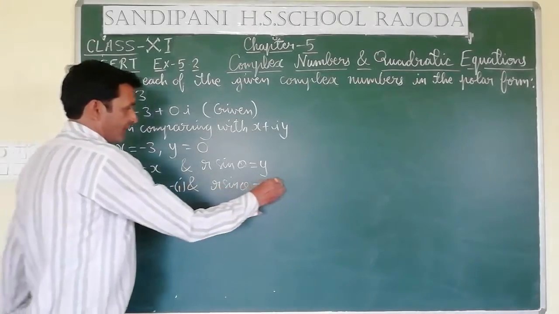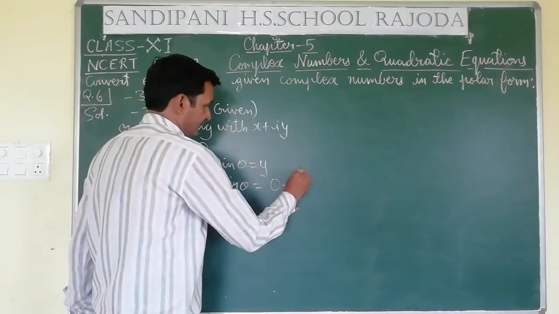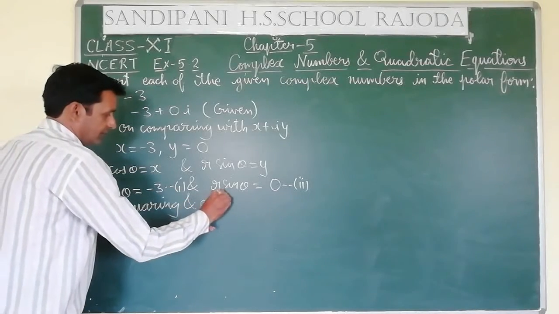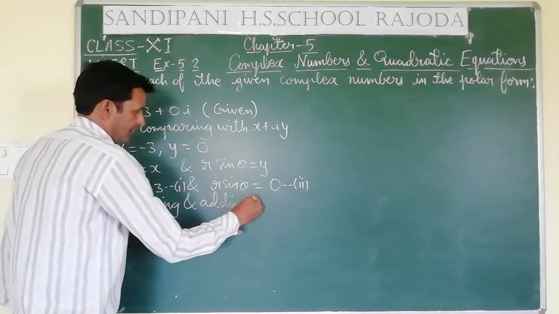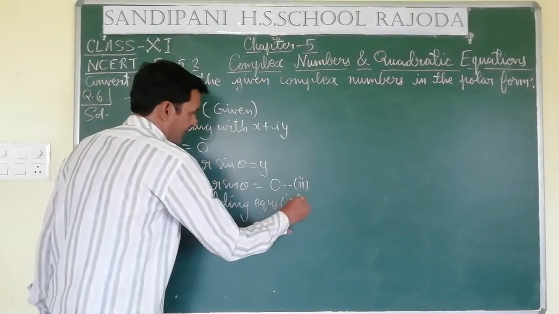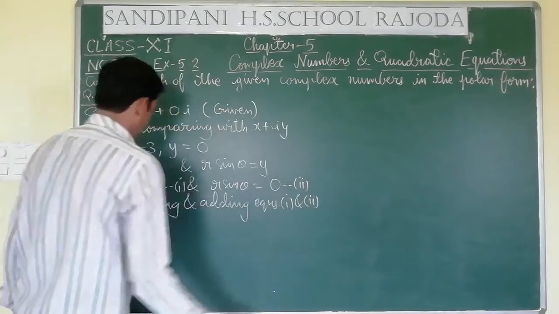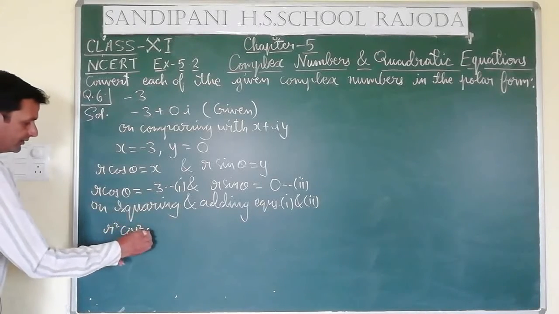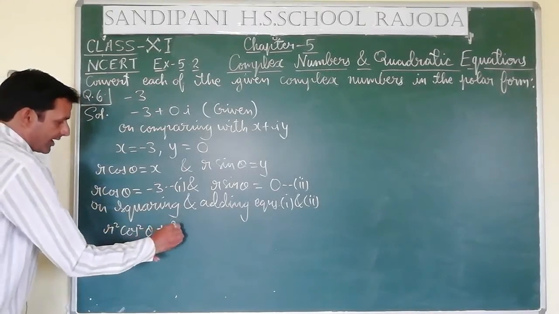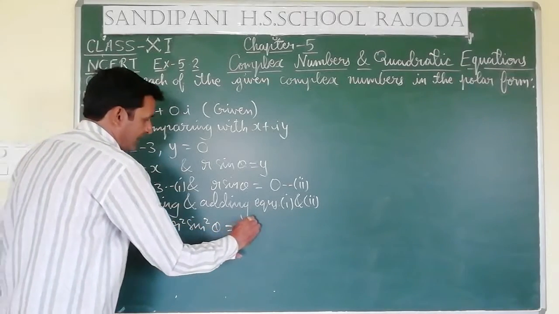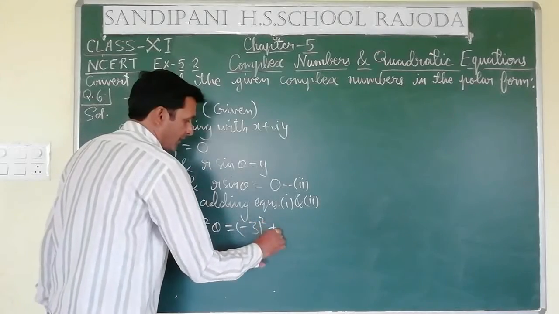On squaring and adding equations first and second, what will we get? We will get r square cos square theta plus r square sin square theta is equal to (-3) square plus 0 square.